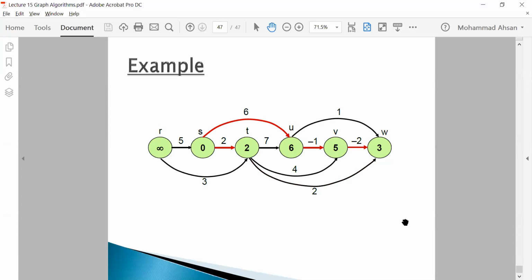So while you look at this and figure out, let me look for one good Bellman-Ford problem somewhere. I have it.